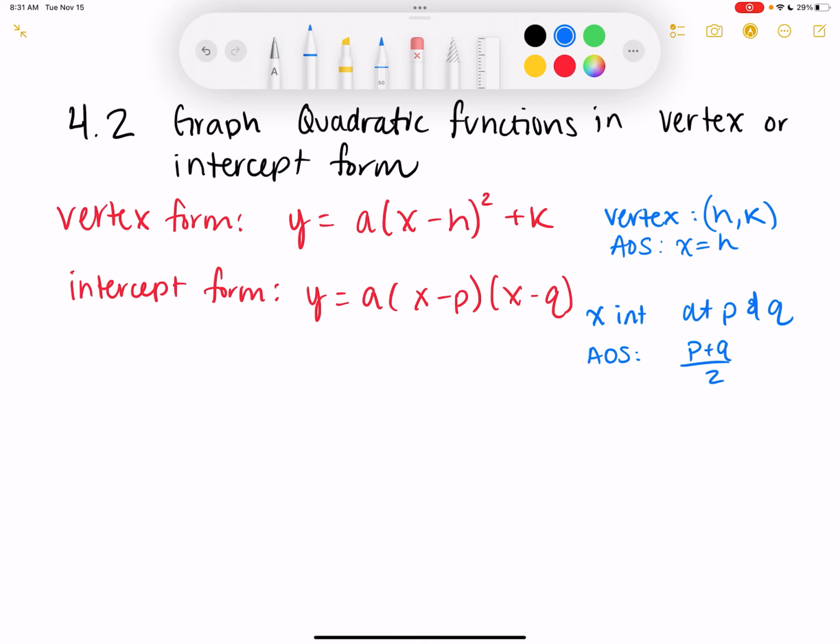Let's look at some examples, starting with vertex form. So number 6, y equals 3 times x minus 7 squared minus 1.